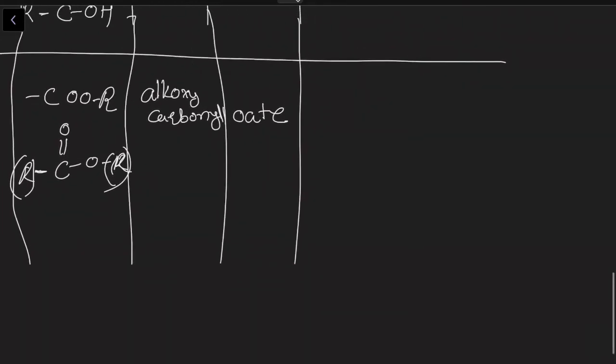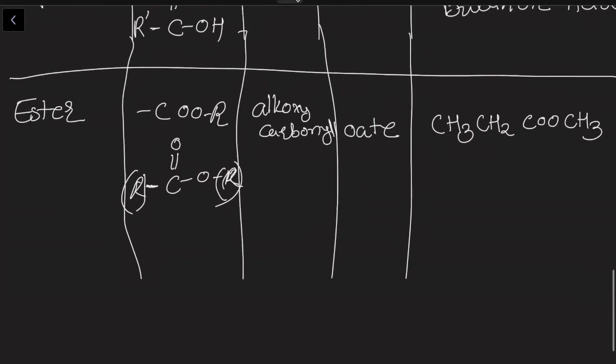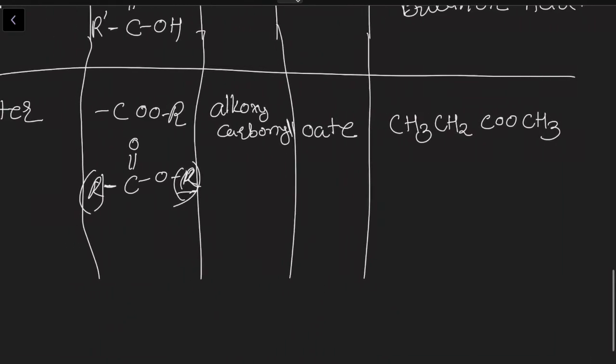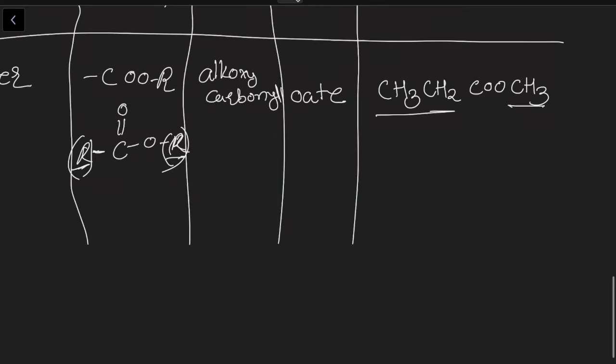Now we want to learn the naming. For the naming example, let's do CH3, CH2, C double bond O, CH3. In this case we have replaced R1 with CH3 here and this R with CH3.